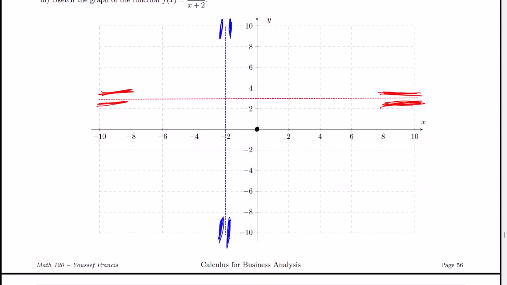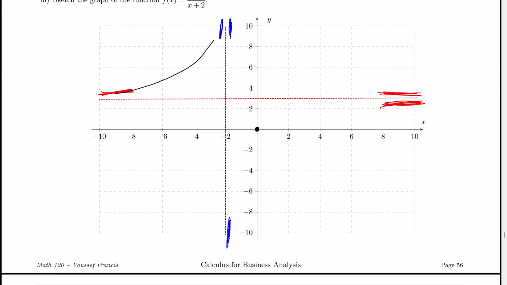So the function has to be going up on the interval. Maybe it's going up from here to there. That would make sense, because it cannot be going up this way, since then it would cross the x-axis, and that's not allowed. We don't have an x-intercept. So I'm thinking that we can already remove these two locations. We think that the graph is going to go up from here to there.